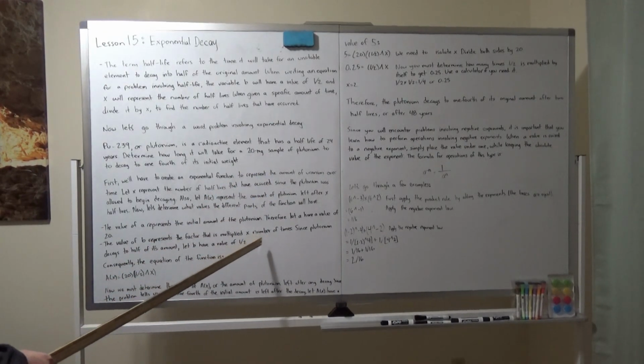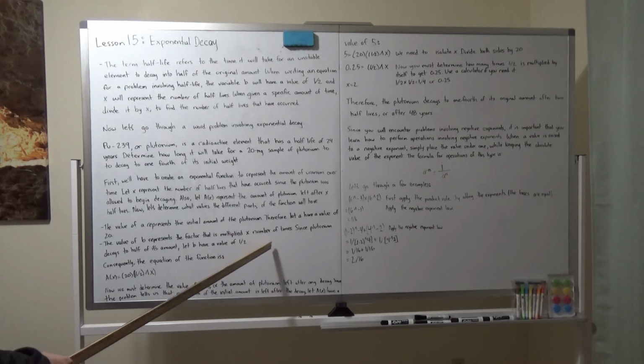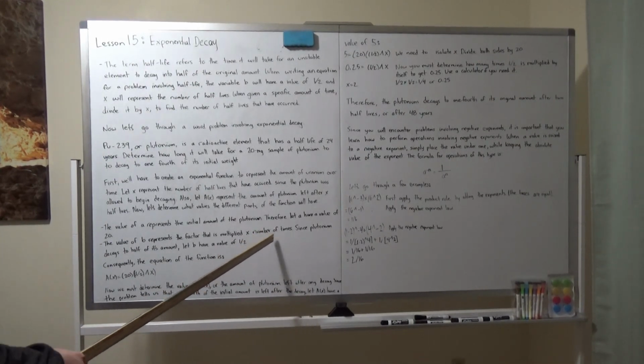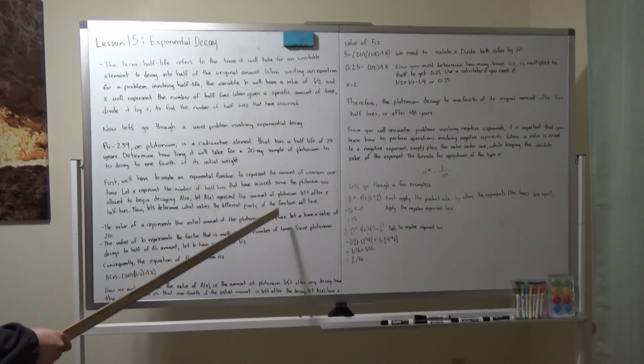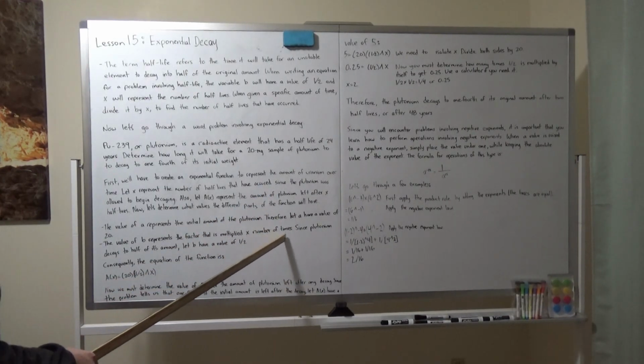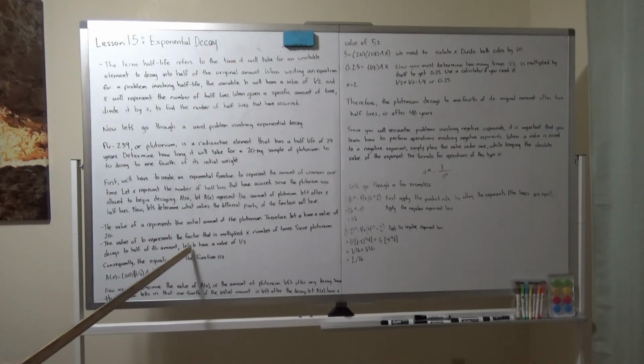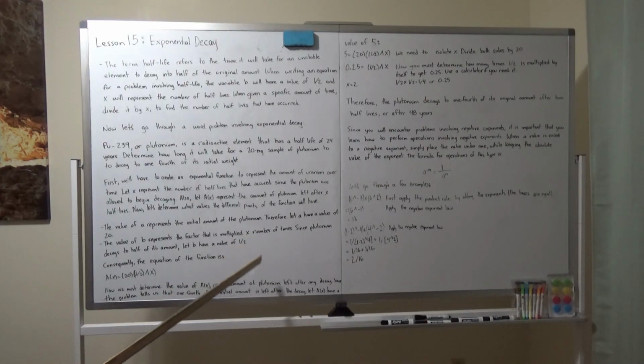The value of b represents the factor that is multiplied x number of times. Since plutonium decays to half of its amount, let b have a value of 1 over 2.